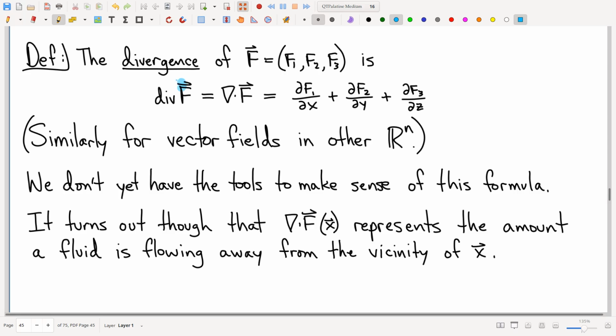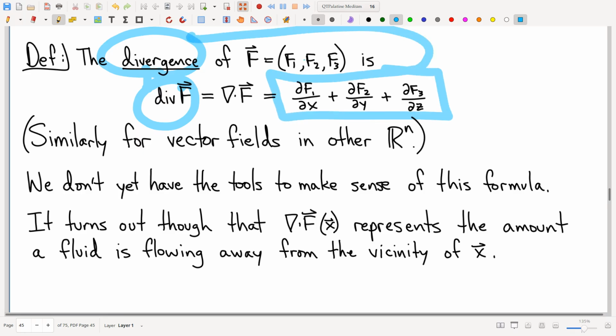We're going to talk about this thing called divergence, which we denote with div sometimes. The divergence of a vector field is computed by that formula. I'll give you an interpretation of it in a minute, but anyway, this thing called divergence is computed by that formula. Do notice that it is computed by looking at the individual components of the vector field. Right? This applies to a vector field.